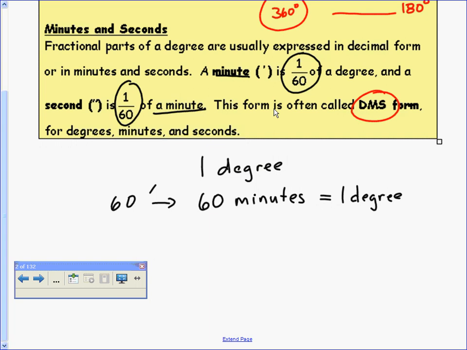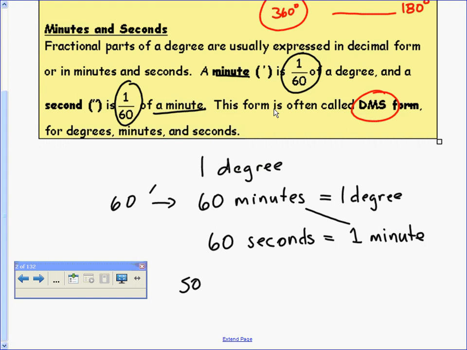Now if you have 60 minutes, then each of those minutes you could break down into seconds. So 60 minutes is 1 degree, but 60 seconds is equal to 1 minute. So 60 minutes is 1 degree and 60 seconds is 1 minute.